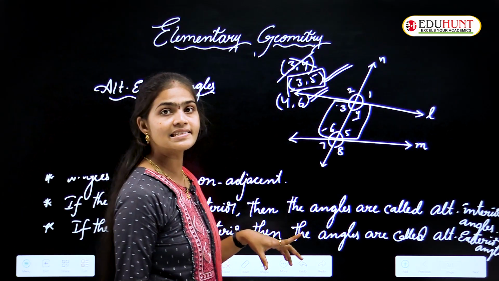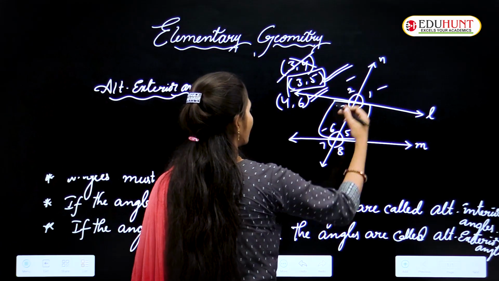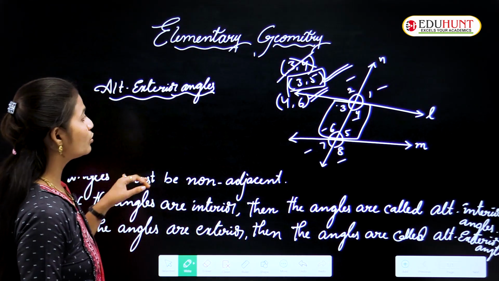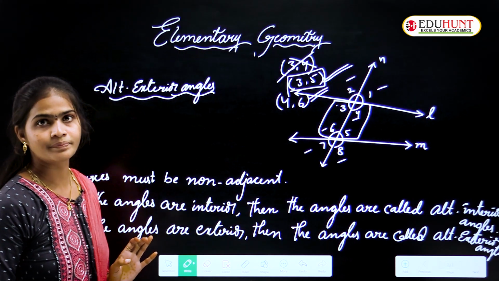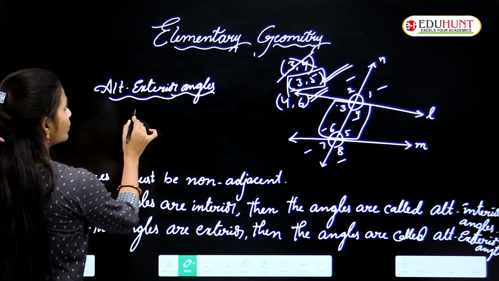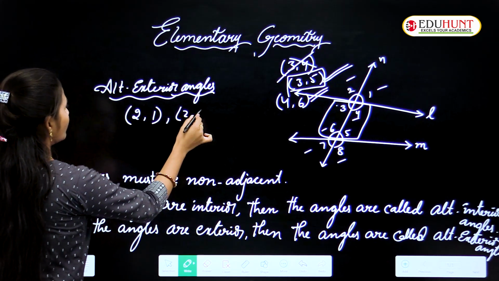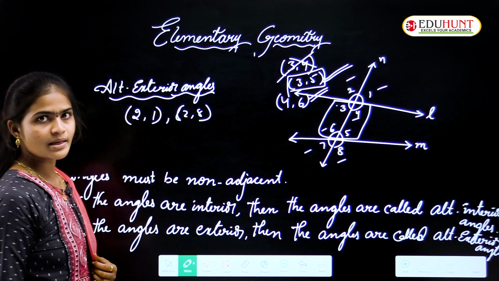Again, both the angles lie on both sides of a transversal: 1, 2, 7, 8. Both sides of a transversal, and those two must be non-adjacent. So first I am going to take 2, 1. Next 2, 8. These two angles I am going to consider.